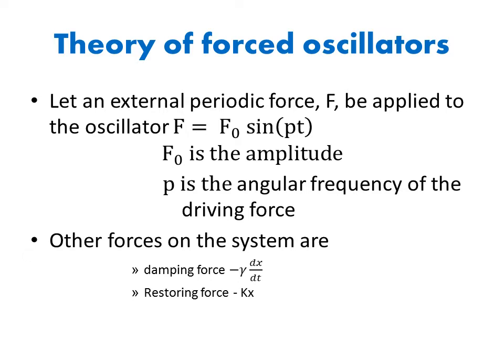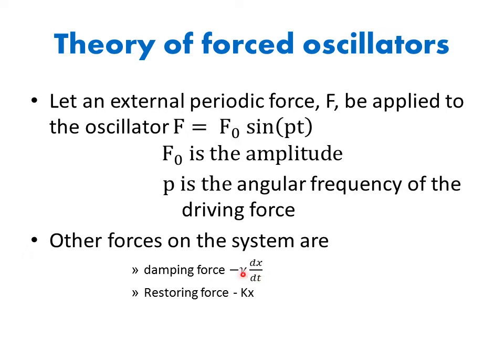Let us say we apply a periodic force which is given by F0 sin pt, where F0 is the amplitude and p is the angular frequency of the driving force. This F is the driving force, given by F0 sin pt. The system is undergoing oscillation, so other forces are also present in the system.